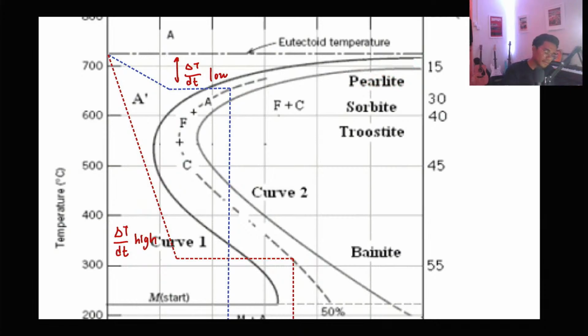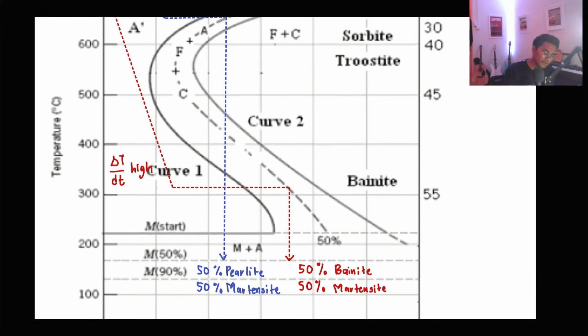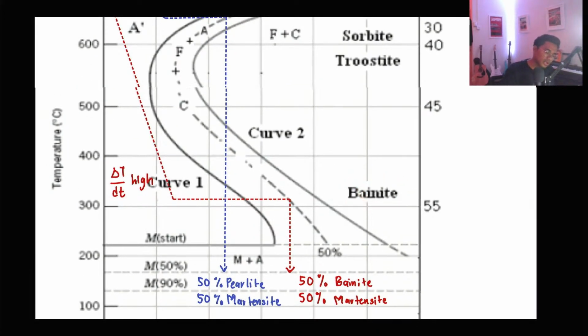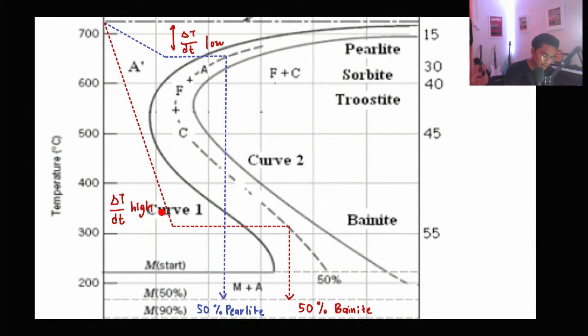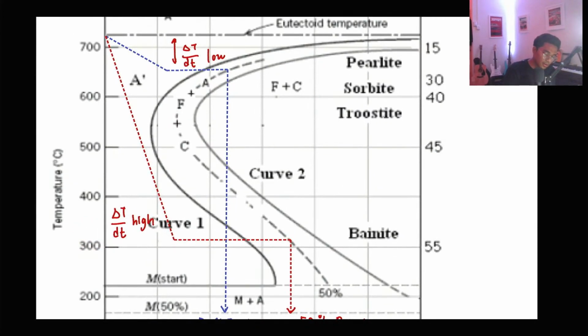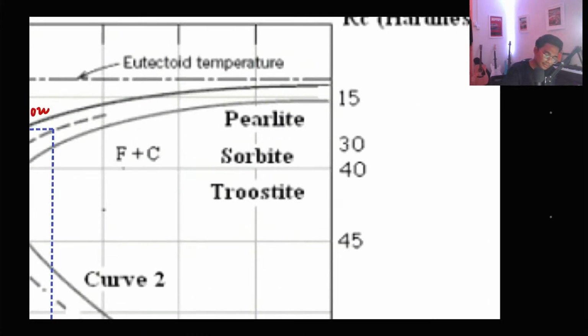Which is the pearlite. But if you want to have bainite, you should cool it faster, and then keep the temperature constant at 300 degrees Celsius. So different isothermal temperatures would have different composition. Okay, let's write it down.